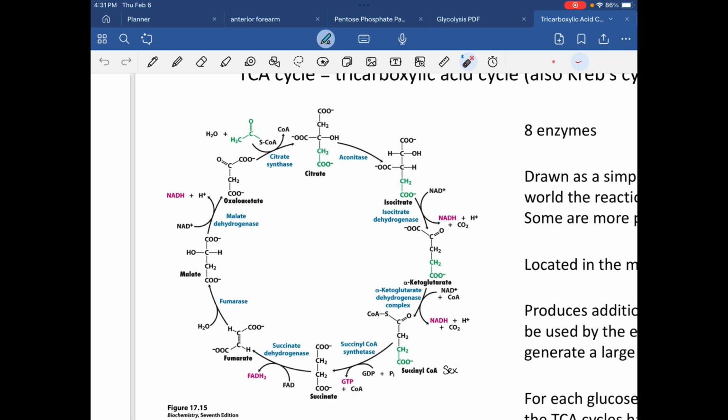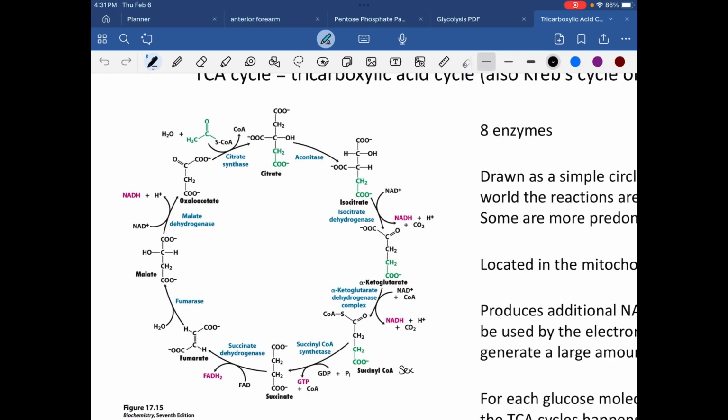I do have a mnemonic for both the intermediates and the names of the enzymes that catalyze their reactions. There's going to be a theme where some of my mnemonics are a little bit weird and maybe inappropriate, but that's good because I'm not an actual professor. This is just so you remember it.